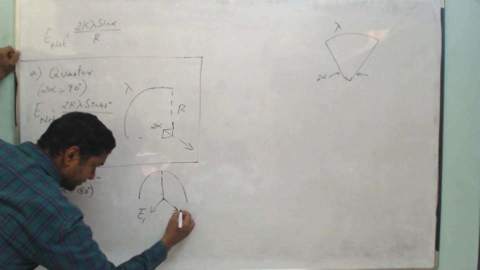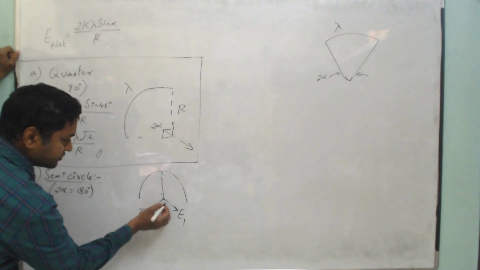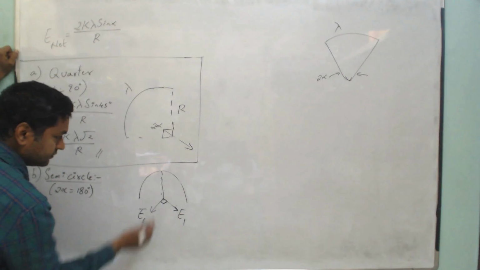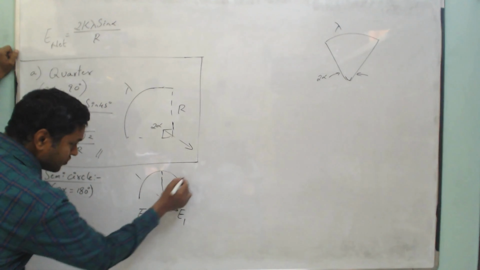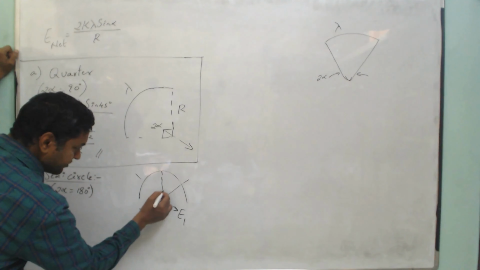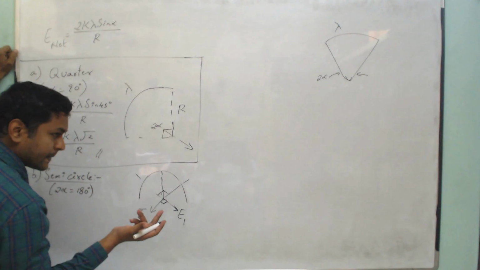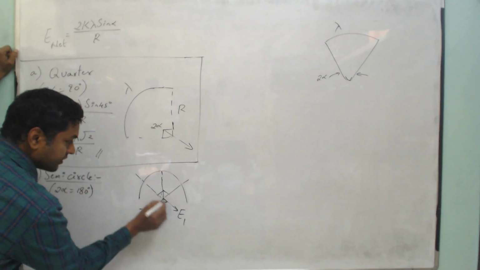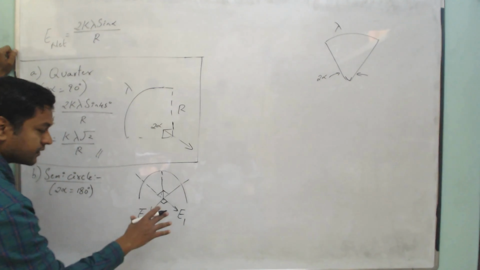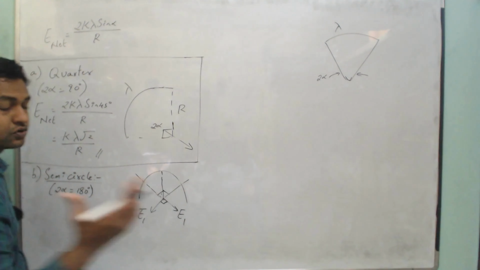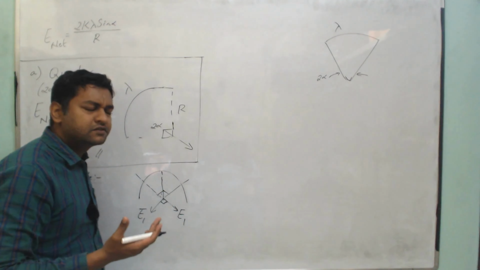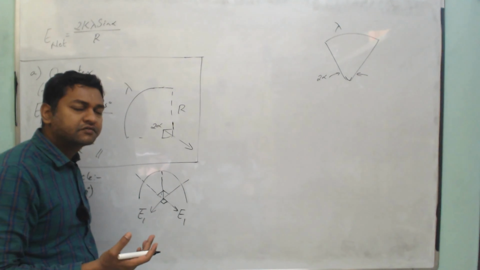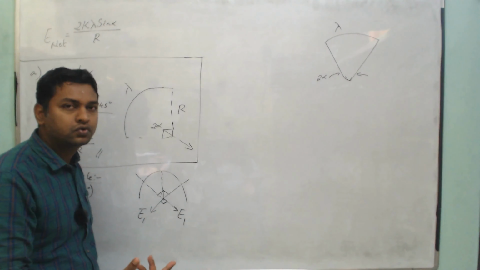Correct? And these two will be at right angles with each other. The angular bisector of this quarter and the angular bisector of this quarter will be at right angles with each other. Is this point of geometry clear? So two vectors of equal magnitude A at right angles with each other will have a resultant of A root 2.